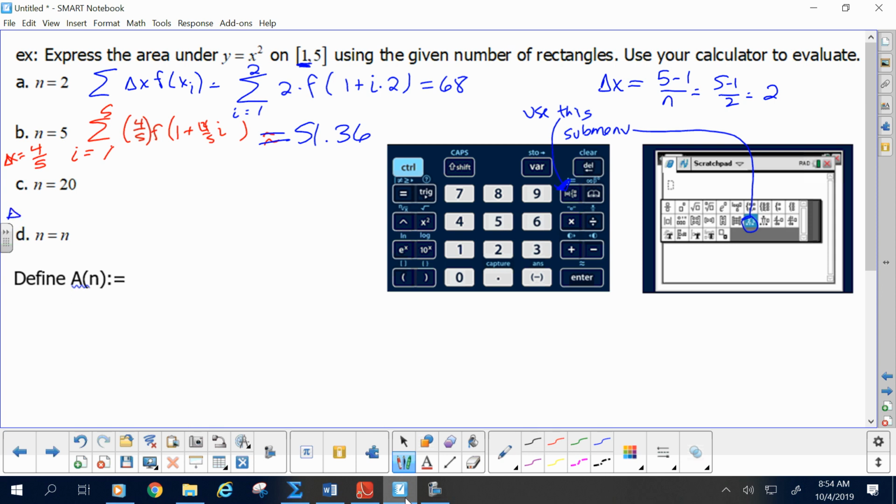What's delta x now? It's 4 divided by 20, so I agree with 1/5. Cool.